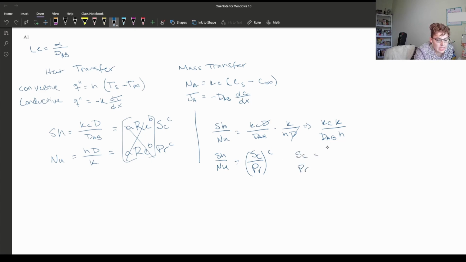The Schmidt number is the viscosity over the density times the mass diffusivity constant, and the Prandtl number is the viscosity over the density times the thermal diffusivity.